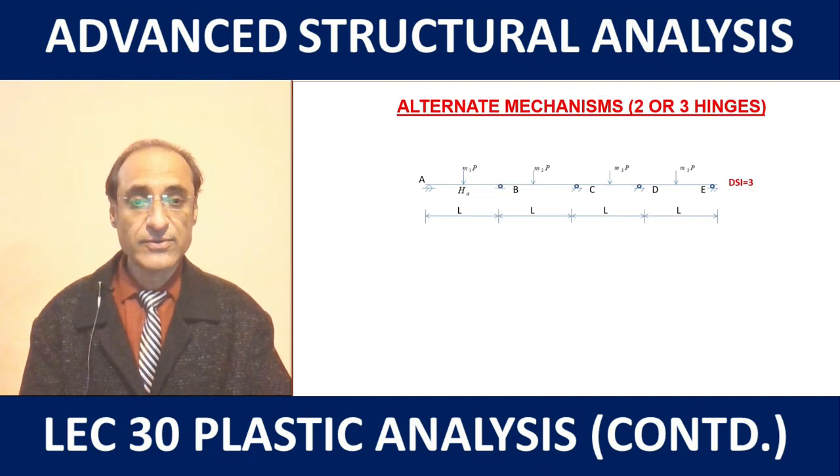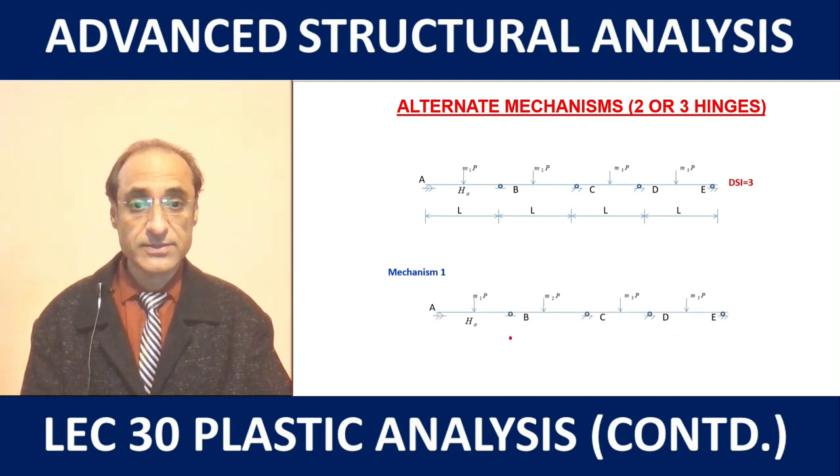But then someone can give us an alternate solution also, even with a lesser number of hinges. For example, if we consider this kind of mechanism, here just 2 hinges are enough to lead to the collapse of the structure.